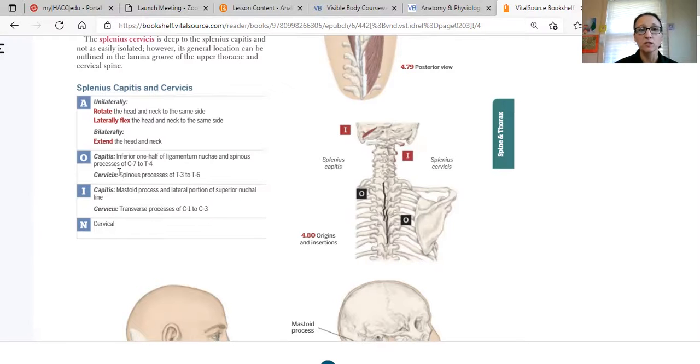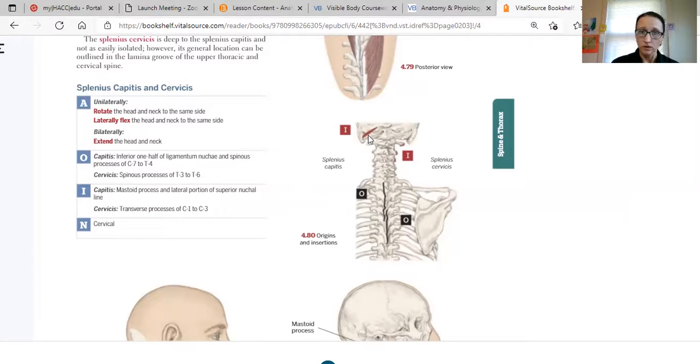Splenius capitis originates on the inferior half of the ligamentum nuchae, which is not shown, but would be right here, right along the posterior cervical spine. Inferior half of the ligamentum nuchae and spinous processes of C7 to T4, so right along the spine.